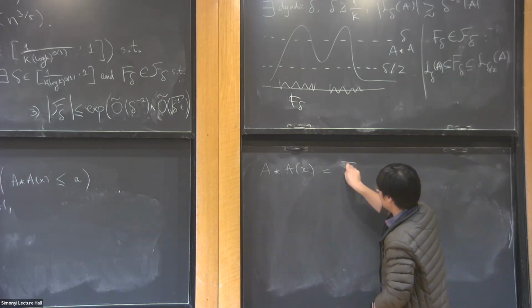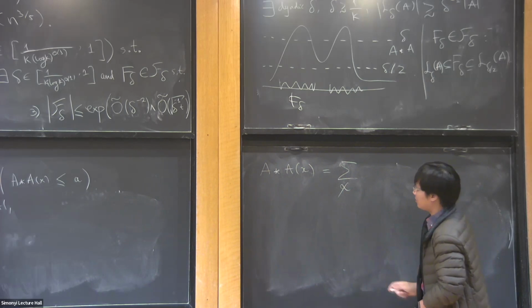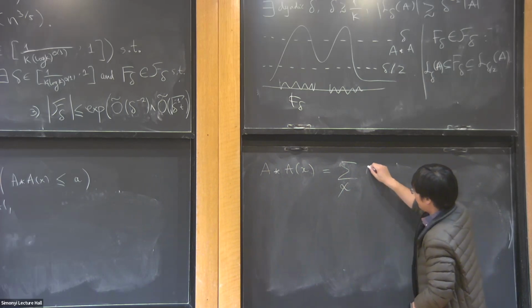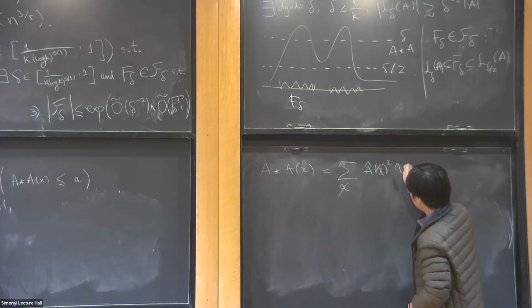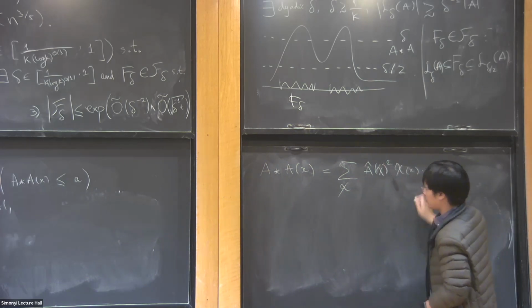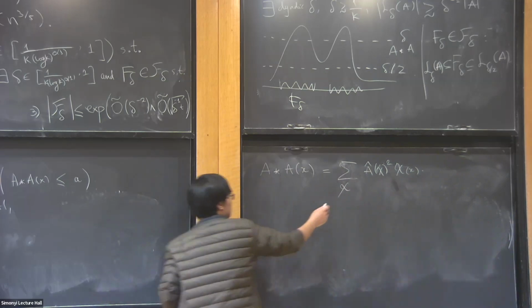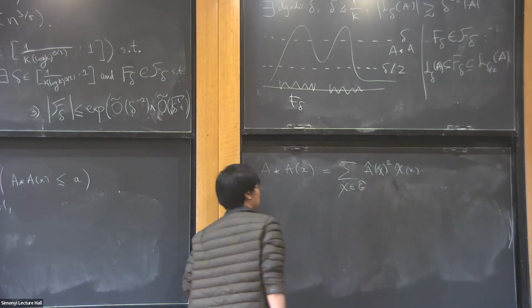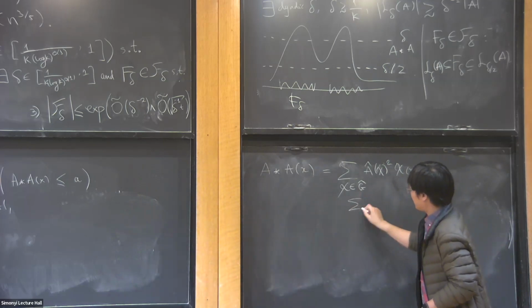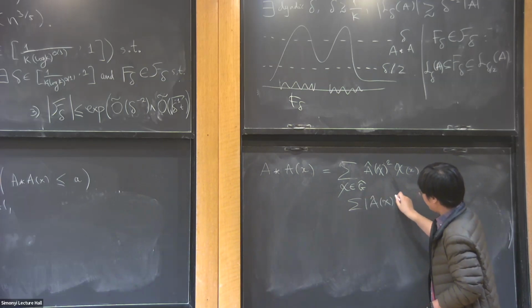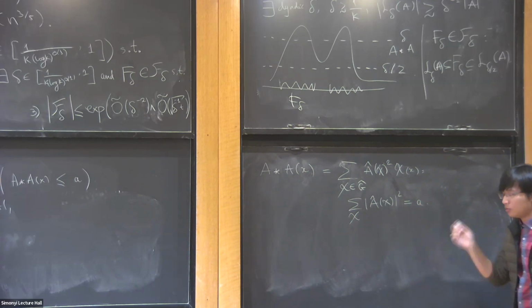So in particular, the convolution of A star A at x is equal to the sum over all characters chi of the group of A hat chi squared times chi of x. Okay. And of course, by Parseval, we know that the sum of A hat chi squared in absolute value is exactly equal to the density of A in the normalization that I've chosen.